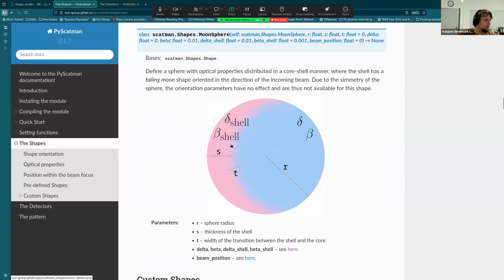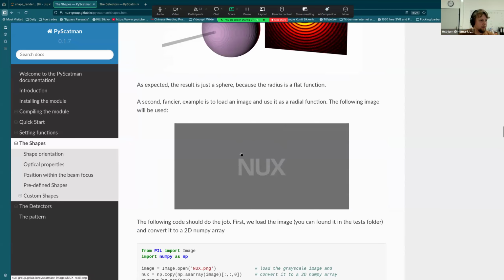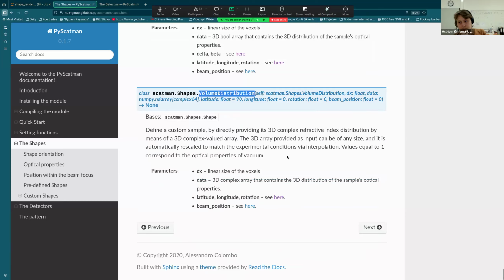And if you go all the way down to the volume distribution, if you're willing to completely make up your own shape, you can make it as complex as you want, basically.